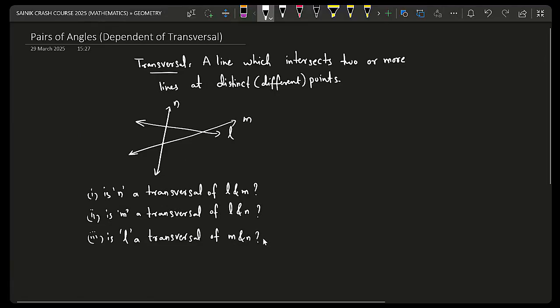The first question: is N a transversal of L and M? I want to check whether this line N is a transversal of L and M or not. What is the definition of transversal? A line which intersects two or more lines at distinct points.